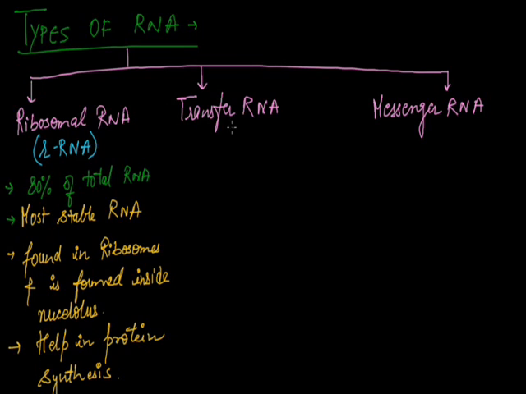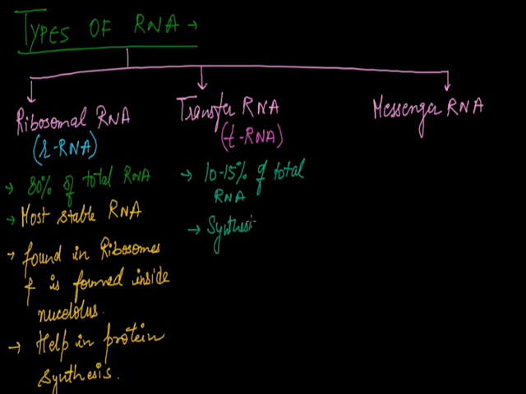Next is tRNA, called transfer RNA. It forms 10 to 15% of total RNA, synthesized in the nucleus by DNA.